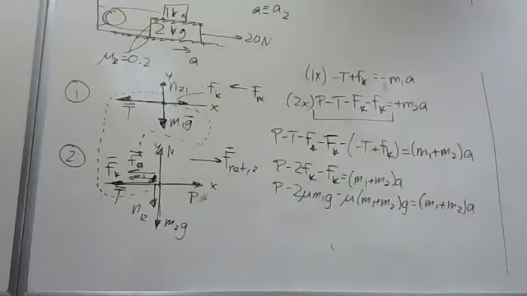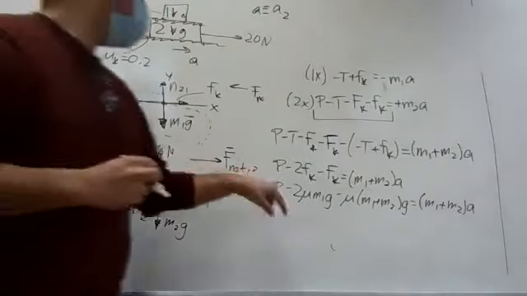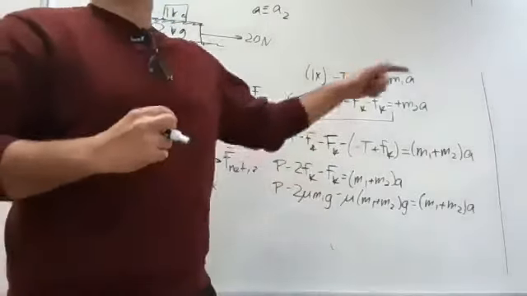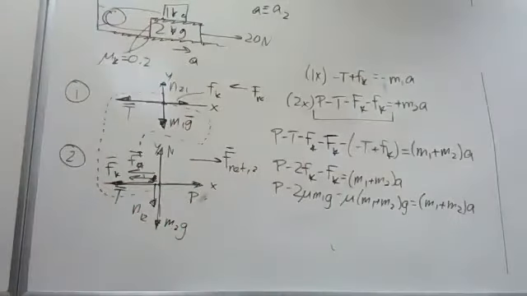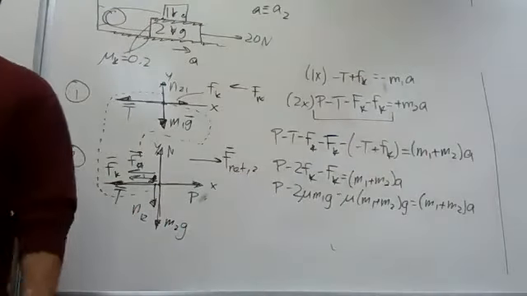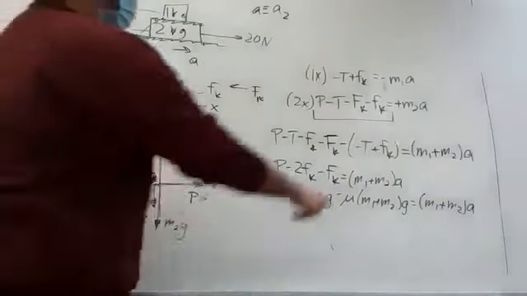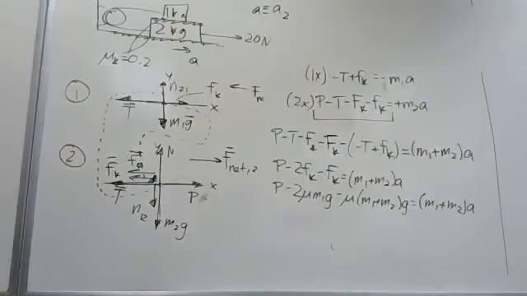If you take the mu and distribute it into the parentheses, you get P minus 2 mu M1 g minus mu M1 g minus mu M2 g, and so that's where you get the 3. Does that make sense where the 3 comes from? You just got to work through it again. Good. Yeah, so that's where the 3 comes from.